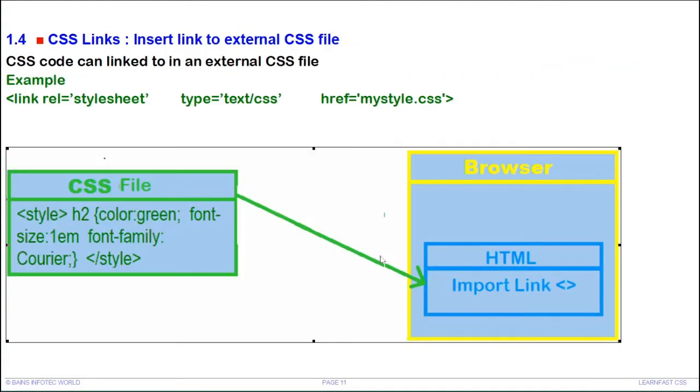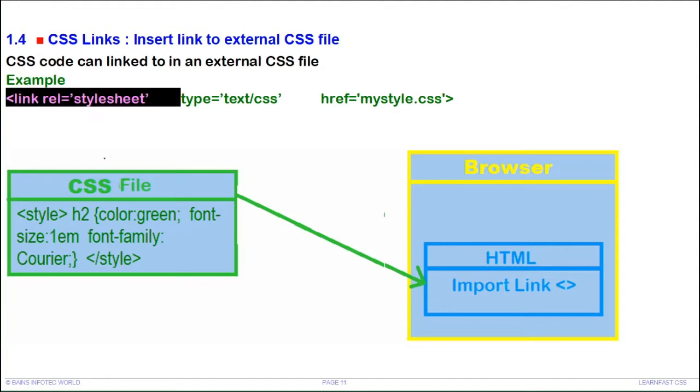Okay, CSS links. We can insert a link to an external file in our HTML document. CSS code can be linked to an external file. And how we do this is by using the link tag in our HTML document.